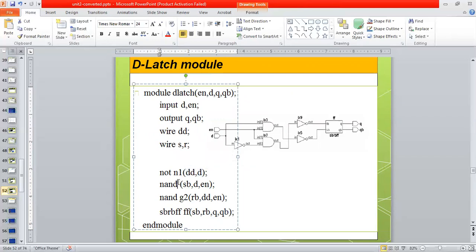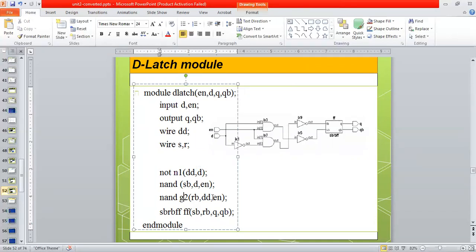Next one, a NAND gate. What are the inputs here? Enable and the data terminal are the inputs for this NAND gate, and SP is the output for this NAND gate. Next, taking another NAND gate, what are the inputs here? Enable, DLatch, and RB are the inputs as well as the outputs for this NAND gate.